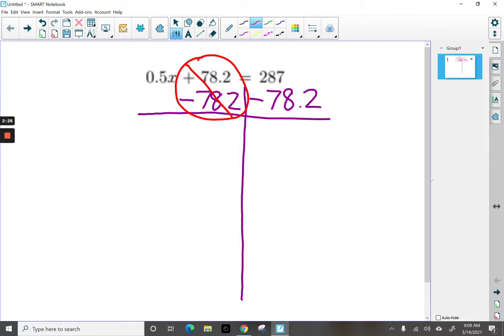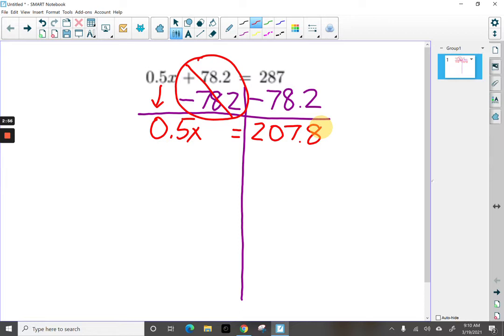So what I'm going to do next is bring down the only thing that remains on this side over here, 0.5x. I still do know it is equal. I'm just going to draw my equal sign a little bit to the side of the line right there. And over here on the right, I need to actually subtract what I see and figure out what it is now equal to, which in this case is 207.8.